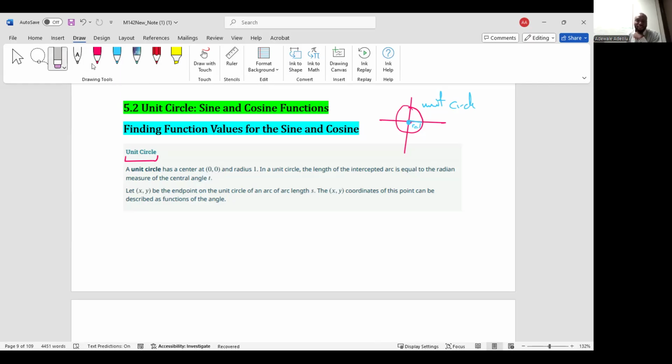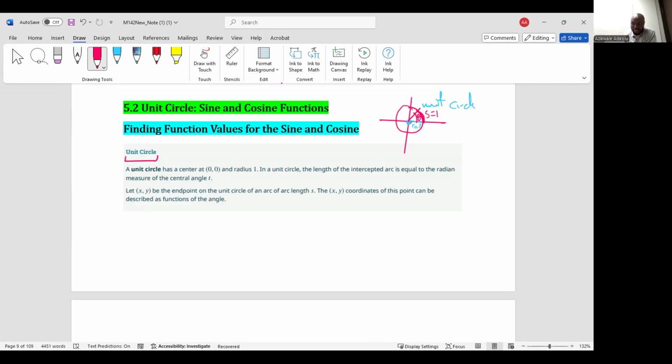So if I have something like this, let's say here is angle theta, from here to here, if I pick that to be S, which is going to be 1 as well, right?